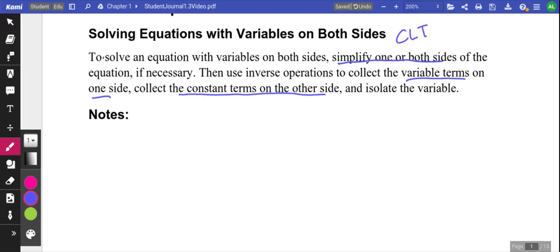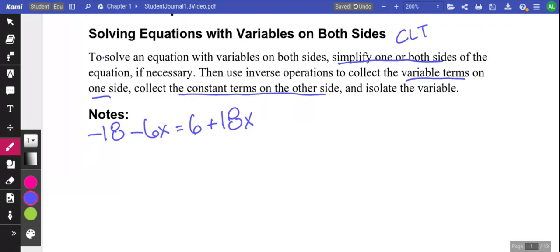Okay, so here I've got -18 minus 6x is equal to 6 plus 18x. We want to simplify anything on both sides of the equation, but I don't have any like terms on the same side, so I don't have anything to simplify.